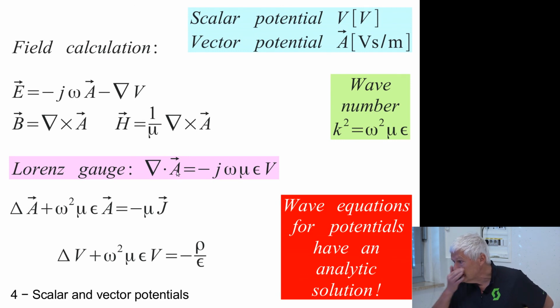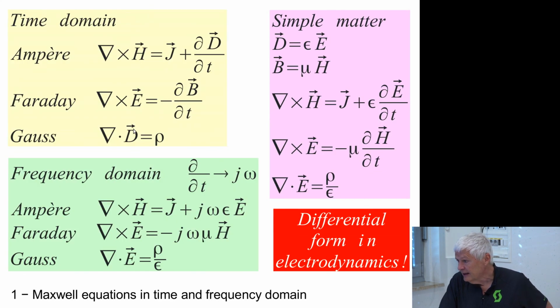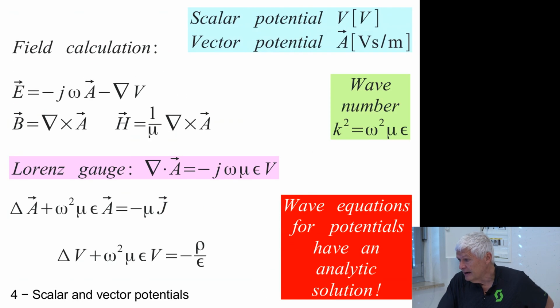The Lorentz gauge actually connects the divergence of the vector potential to the scalar potential. Doing this, the complicated equations we get from the Maxwell equations turn into two completely separated wave equations, differential equations, where of course the wave equations have the Laplacian. In the wave equation, we have no derivatives on the right side, no derivatives over the sources.